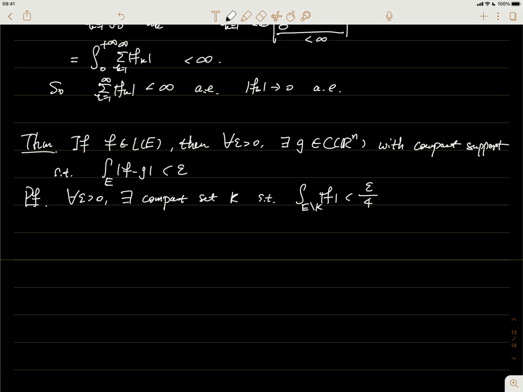And within the set k, there exists a simple function, I call it h tilde, which has its support inside k, such that the integral of f minus h on this k is bounded by, say again, epsilon over 4.